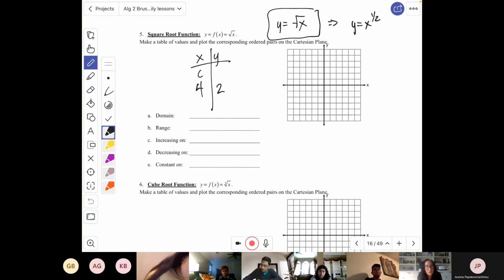Can I substitute in 0 for x? Is the square root of 0 defined over the reals? What's the square root of 0? Ariana, do you know what the square root of 0 is?